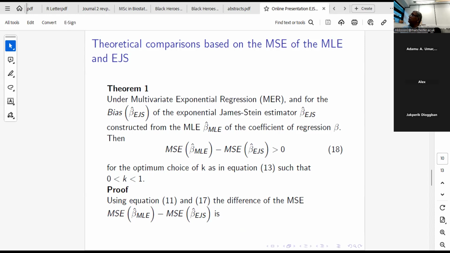Thank you very much. So it would actually be greater than 0, meaning if it's greater than 0, then the exponential James-Stein estimator has got a minimal mean square error compared to the maximum likelihood estimator.